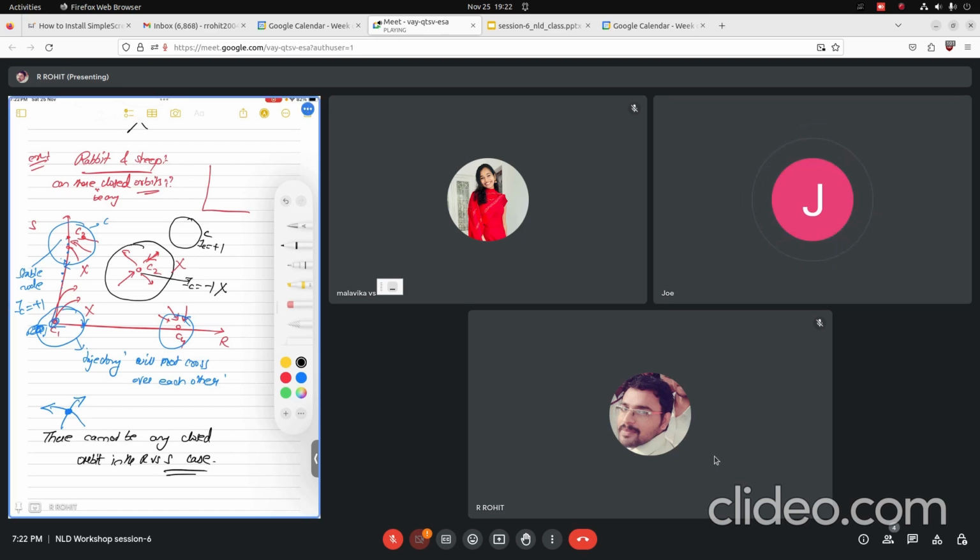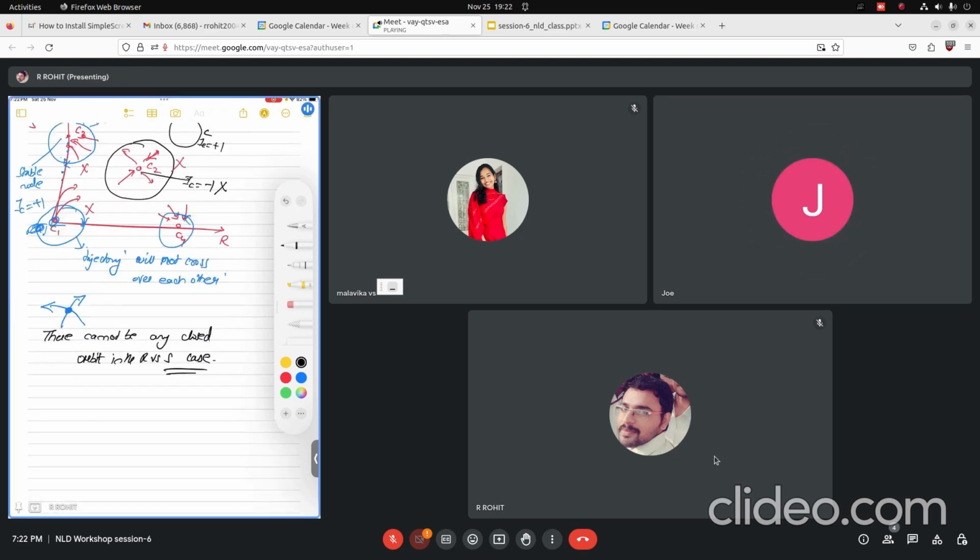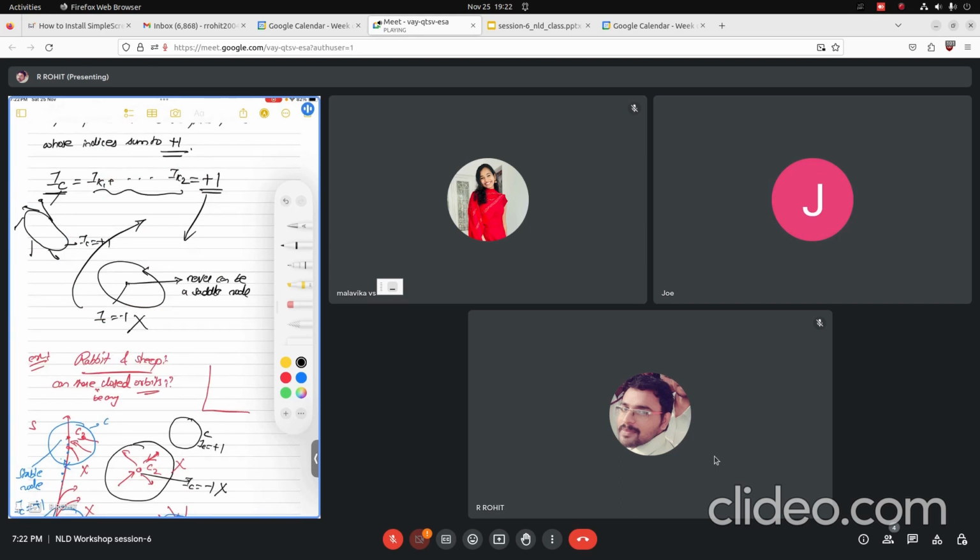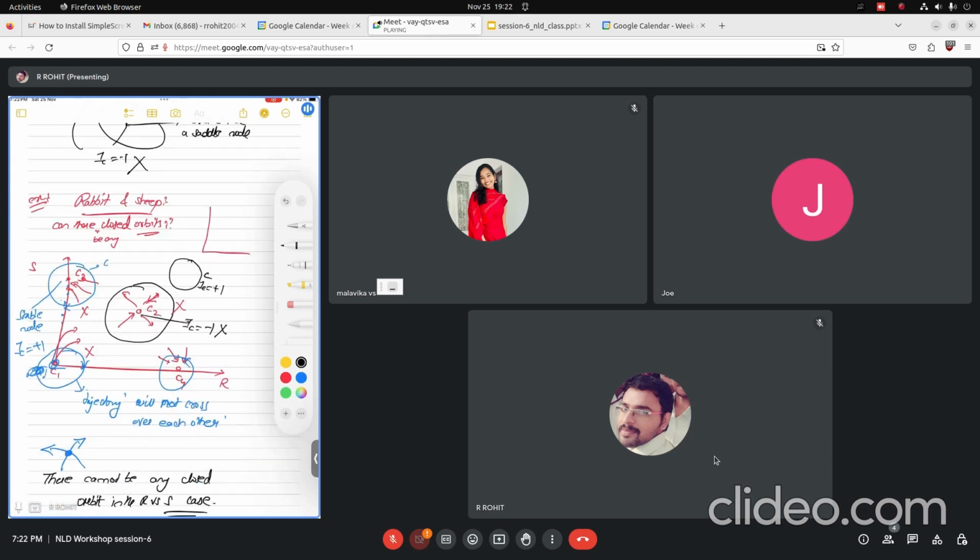Yeah. So that's what I mentioned here. If you have a closed orbit, you will have something like a periodic solution. You are starting from a certain point and you come back to the same point. That's a closed orbit. So are those kinds of solutions possible? In the rabbit sheep case, you can't do an experiment or build the model and check all this.